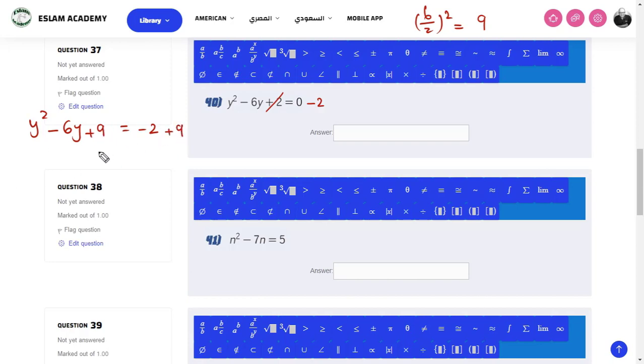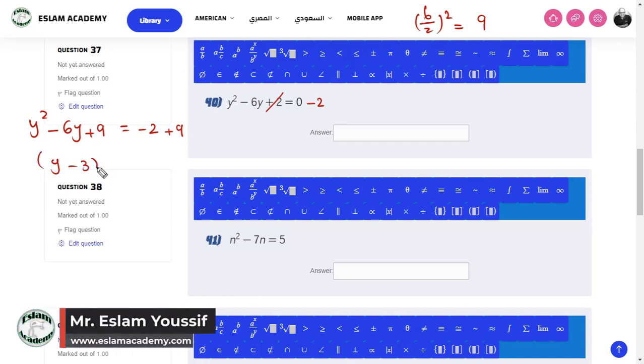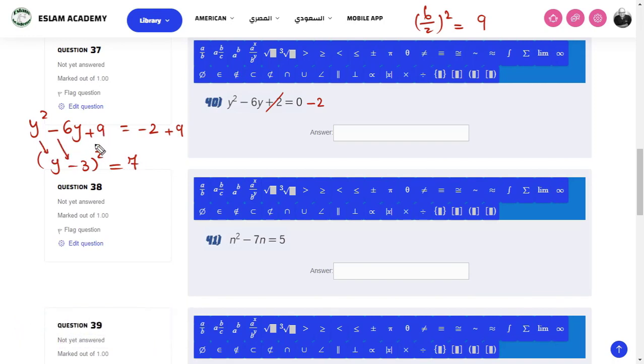Now this expression is a perfect square trinomial. So y minus 3, all to the power 2, is equal to 7. Take the square root of the first, with the sign of the middle, and the square root of the third. By adding negative 2 and 9, it will be equal to 7. So this expression now has two solutions. The first one, y minus 3 is equal to the square root of 7, or y minus 3 equals negative the square root of 7.